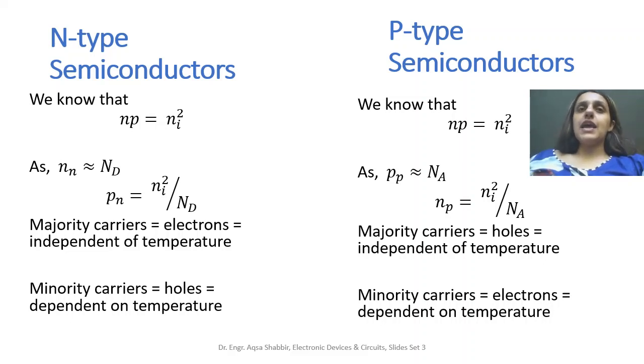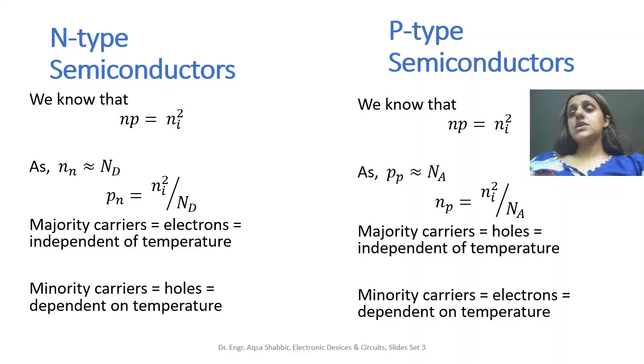Now over here in an extrinsic or n-type semiconductor, the density of electrons N is now Nn, which is approximated by capital Nd, the density of electrons donated by the donor impurity. However, the density of holes P is the same as, let's say, in an intrinsic semiconductor, because holes have not been added by any impurity.